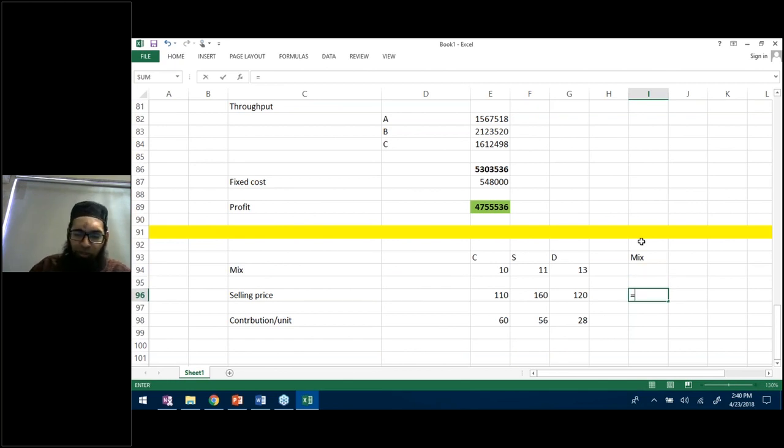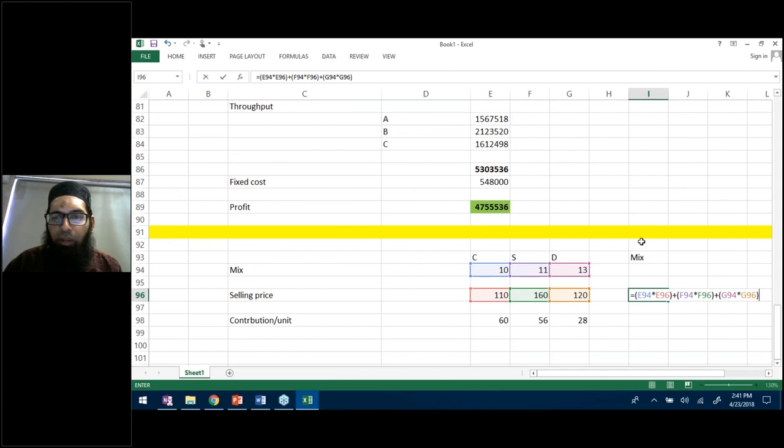The selling price of each mix will be the number of units of product C multiplied by the selling price of C, plus the number of units in a mix of S multiplied by the selling price of S, plus the units of D multiplied by the selling price of D. So that is how I calculate the selling price of a mix.